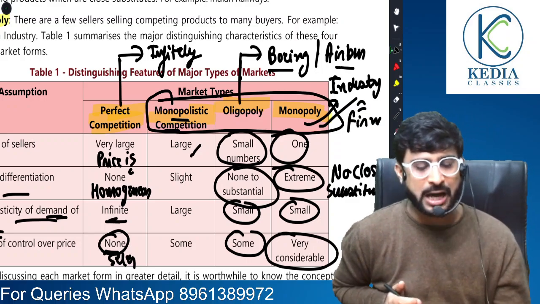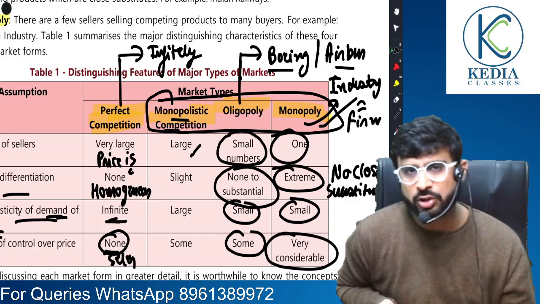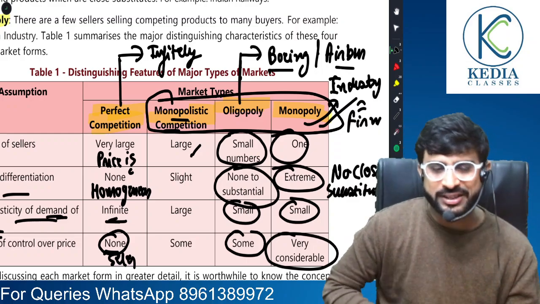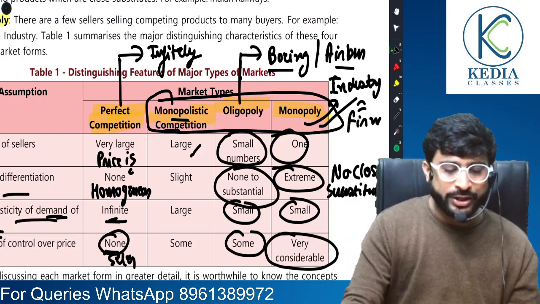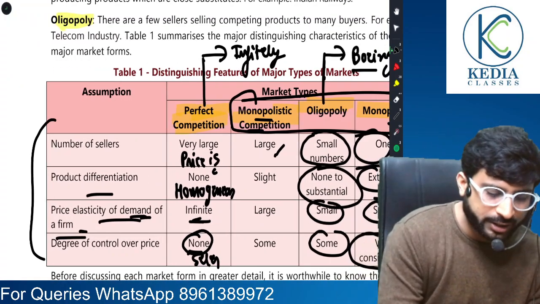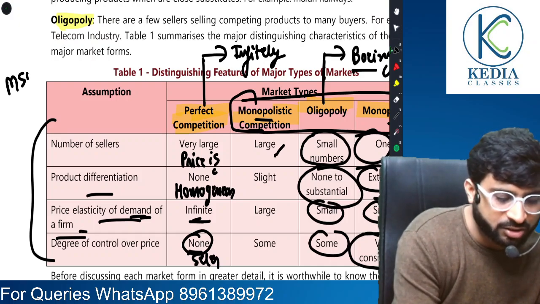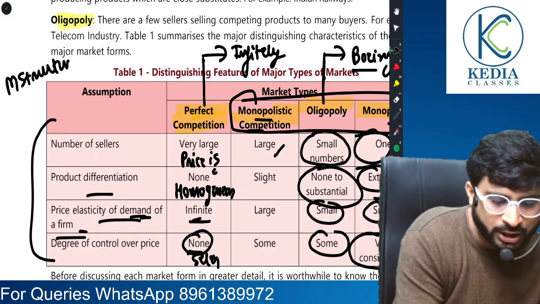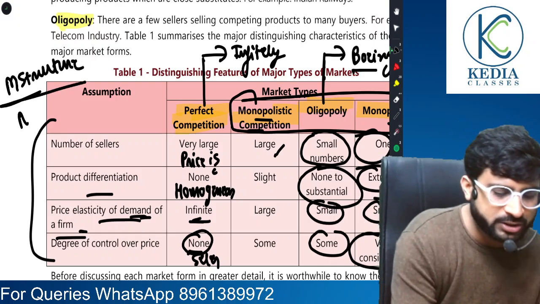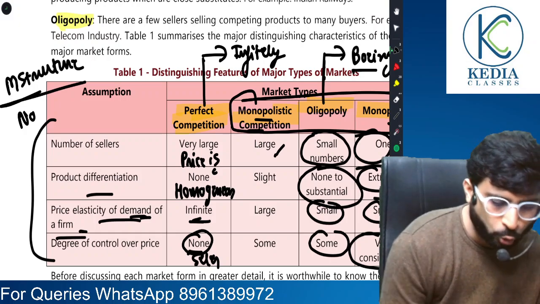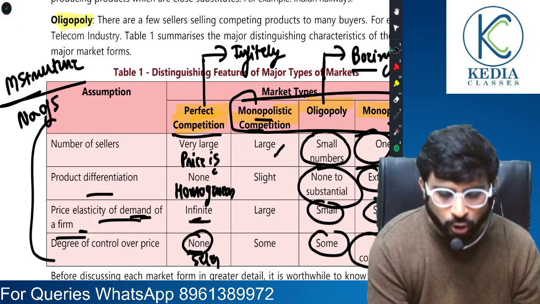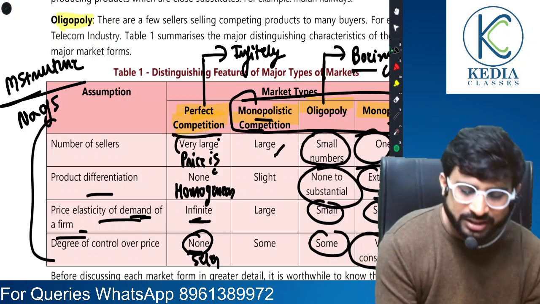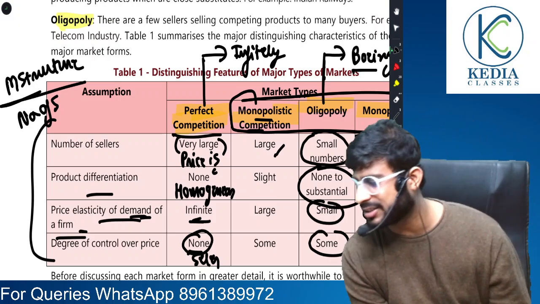Understood, sir. Now, let's revise each one of the concepts once again so that things are clearer to you all. We are now discussing different types of markets on the basis of market structure, or on the basis of number of sellers. So what I said is, for perfect competition, there are very large number of sellers and it doesn't exist in reality.